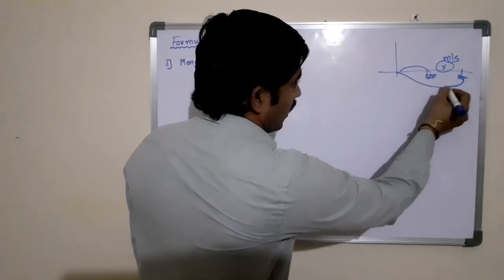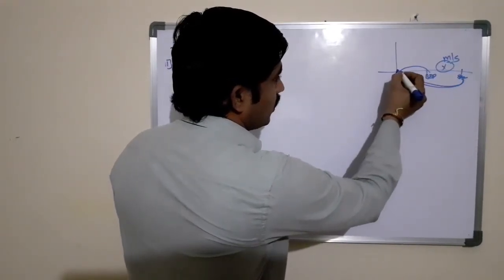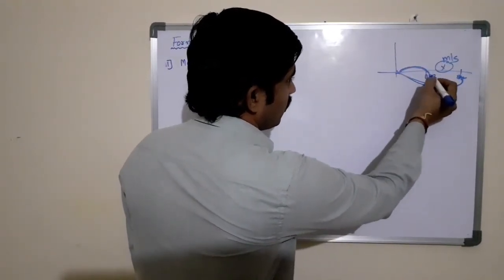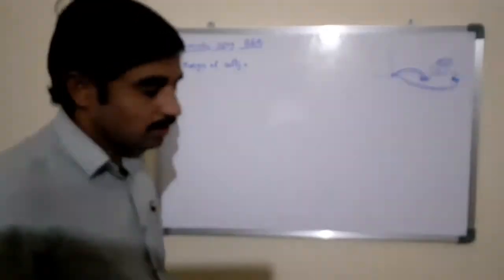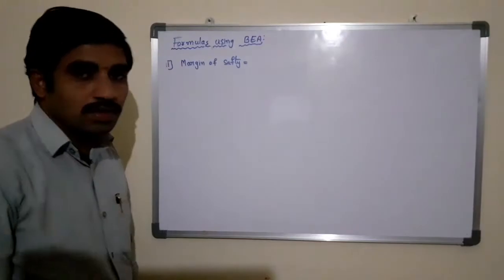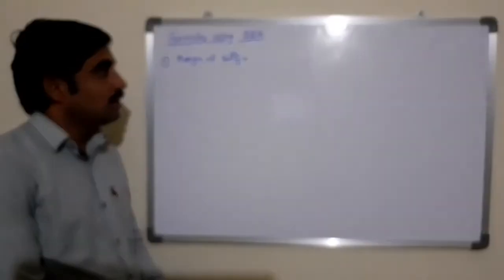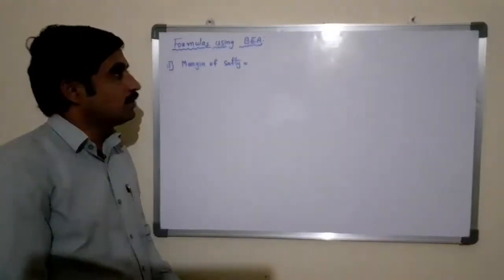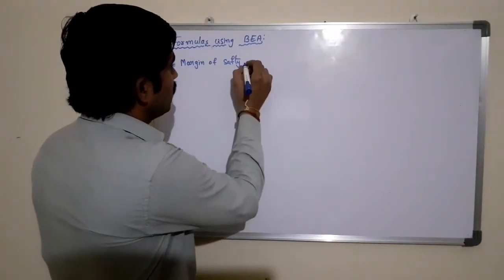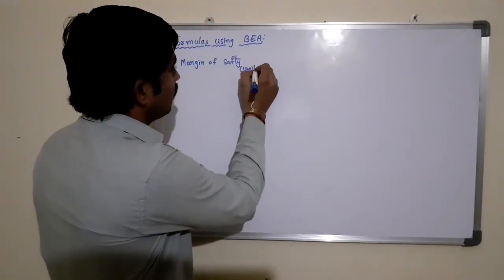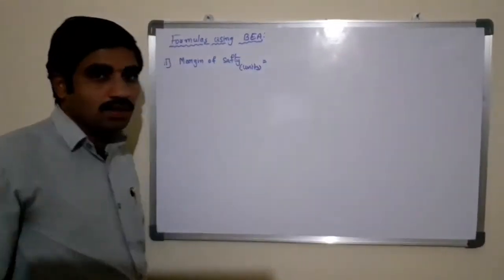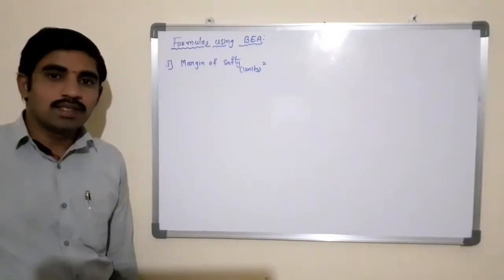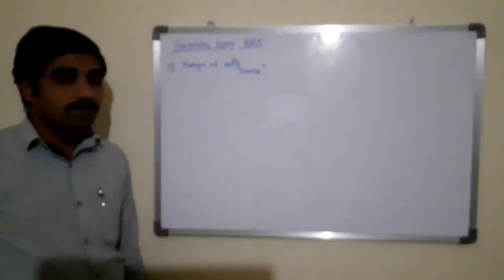Means the excess of total sales in units over and above the break-even point is known as margin of safety. So margin of safety may be calculated in two ways: margin of safety in units and margin of safety in value.